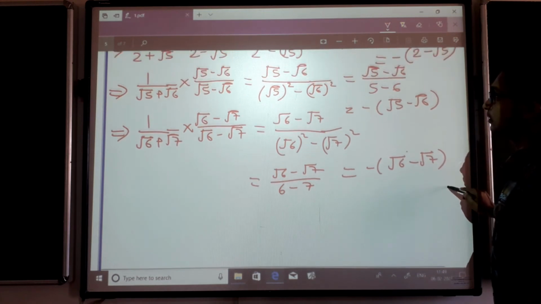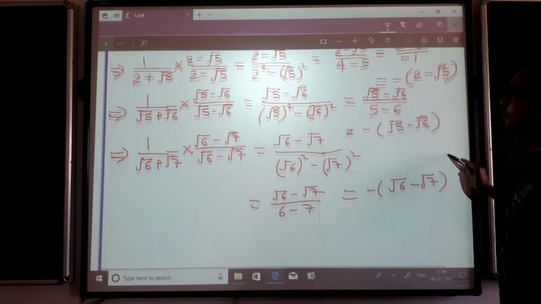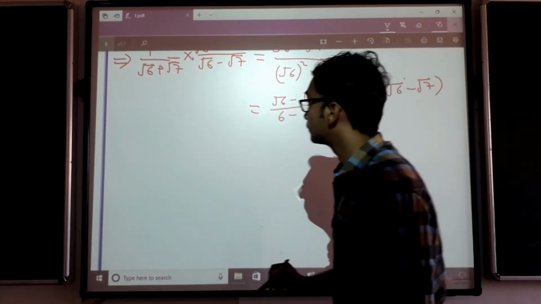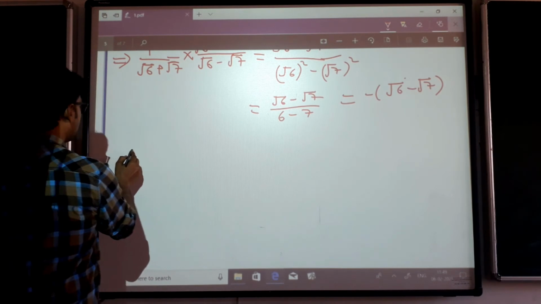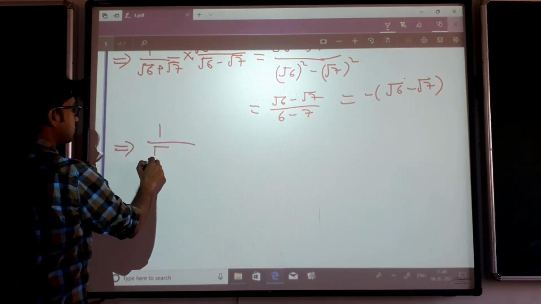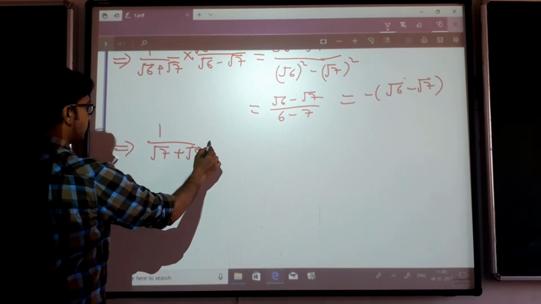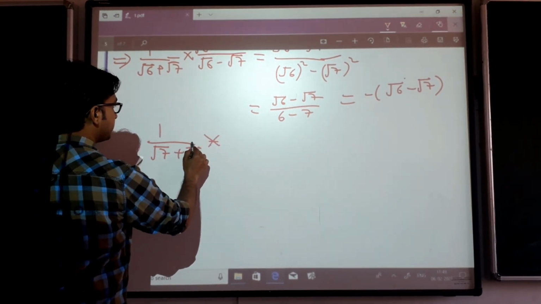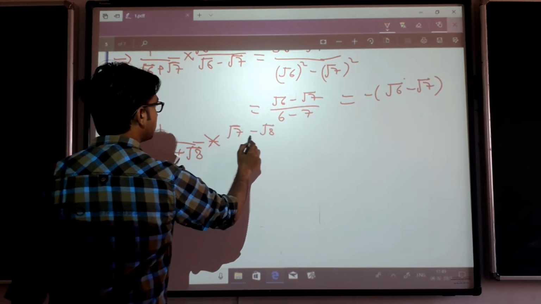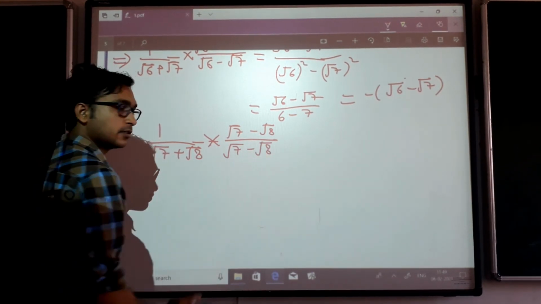So our fourth is 1 upon root 7 plus root 8. So we will write 1 upon root 7 plus root 8, multiplied with root 7 minus root 8 upon root 7 minus root 8.